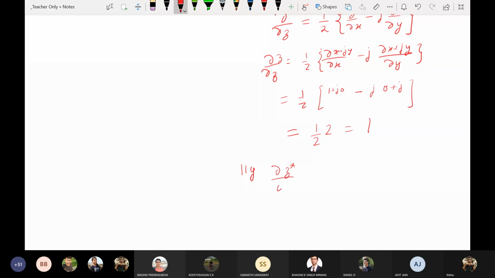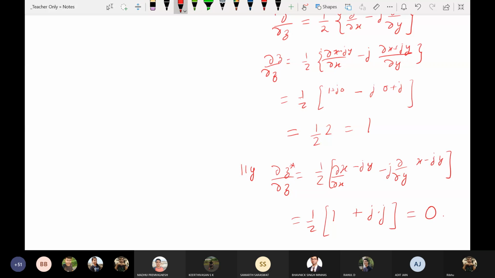Del z conjugate by del z equals half, del x by del x minus del y by del y, with the minus and plus terms working out, and plus j times j, equals 0.